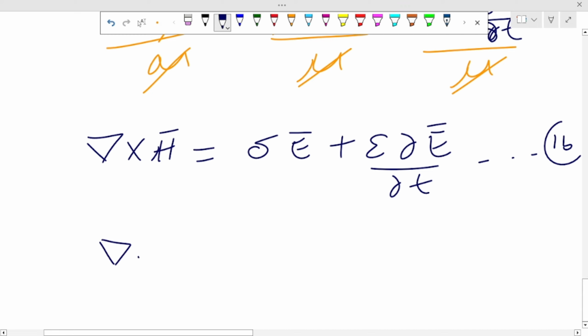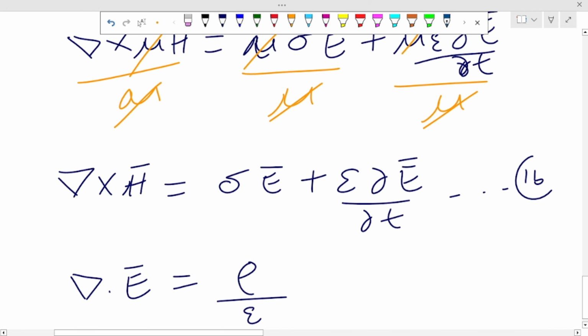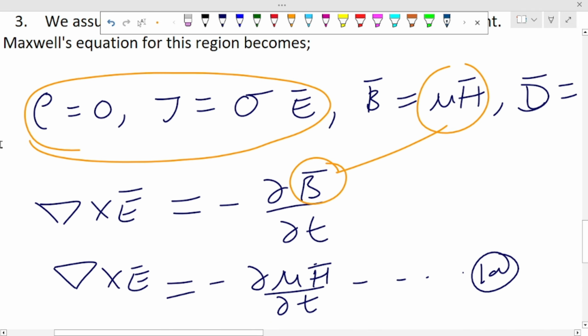the divergence of D equals charge density. This is Gauss's law: charge density over this. But our charge density is 0.